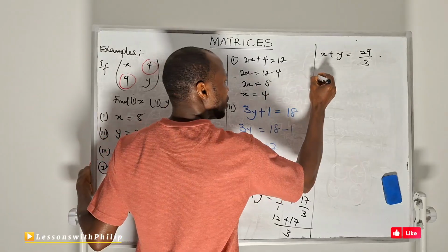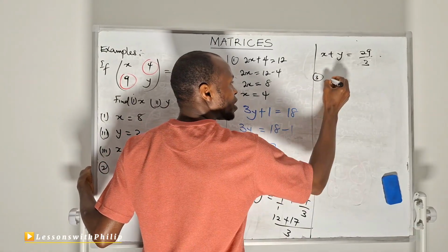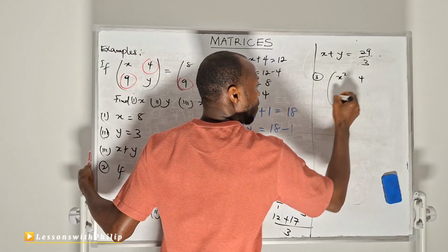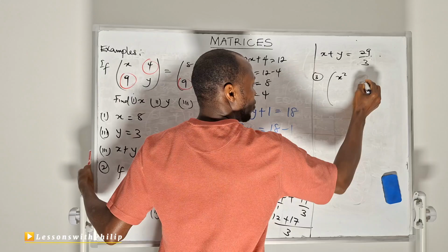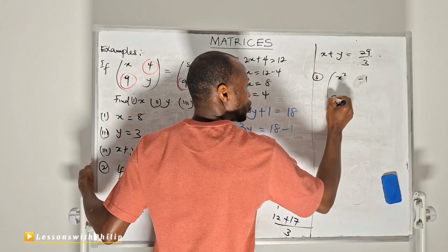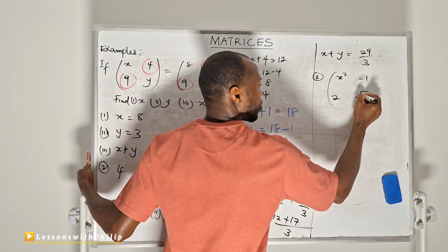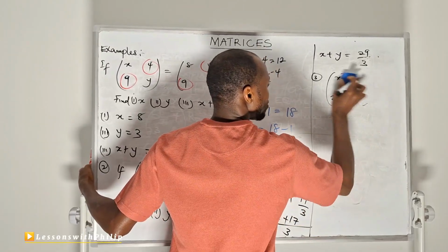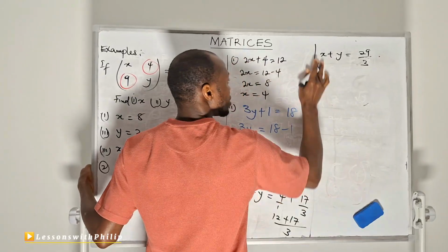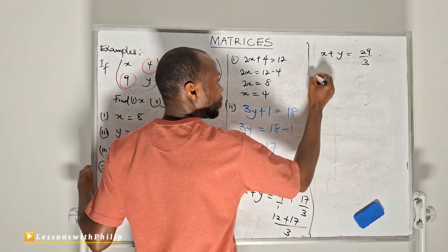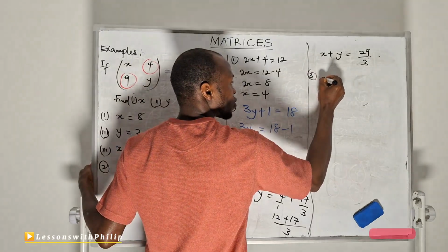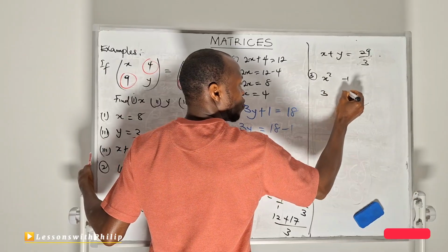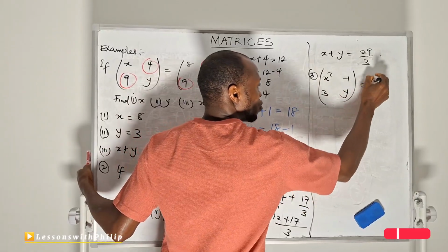Example 3. If you're given this matrix, x squared, minus 1, 3, square root of y, equivalent to 9, 3, minus 1, 9. Permit me to write so that it can contain the board.